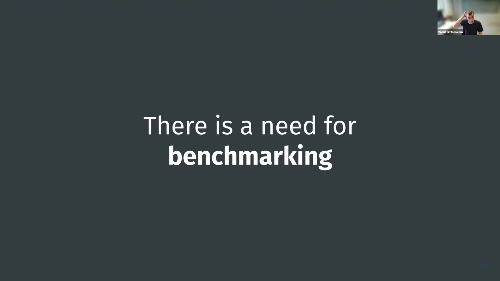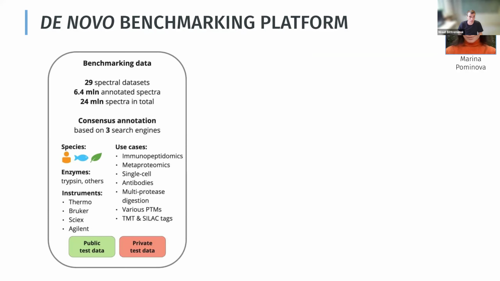And that's a project that is ongoing in my lab at the moment, where we have compiled a benchmarking data set from 29 different proteomics experiments, consisting of 24 million spectra in total. Those were analyzed with 3 different sequence database search engines, and we get a gold standard of 6.4 million annotated spectra.